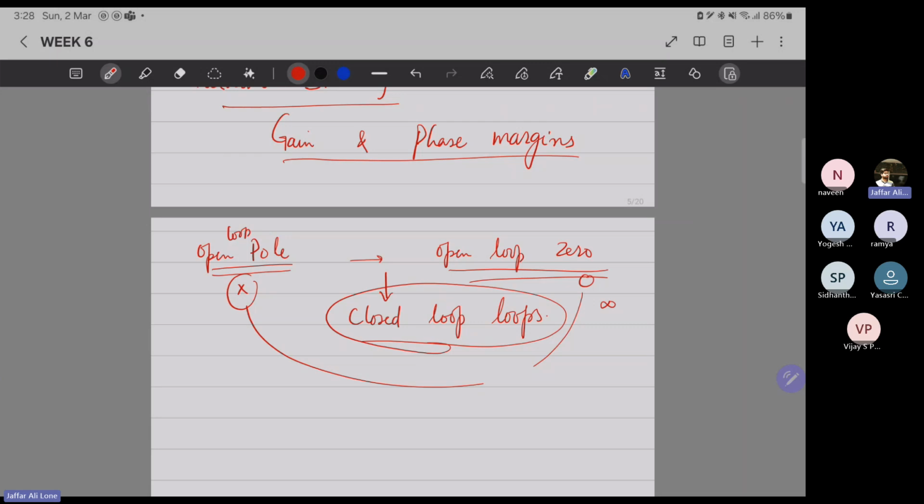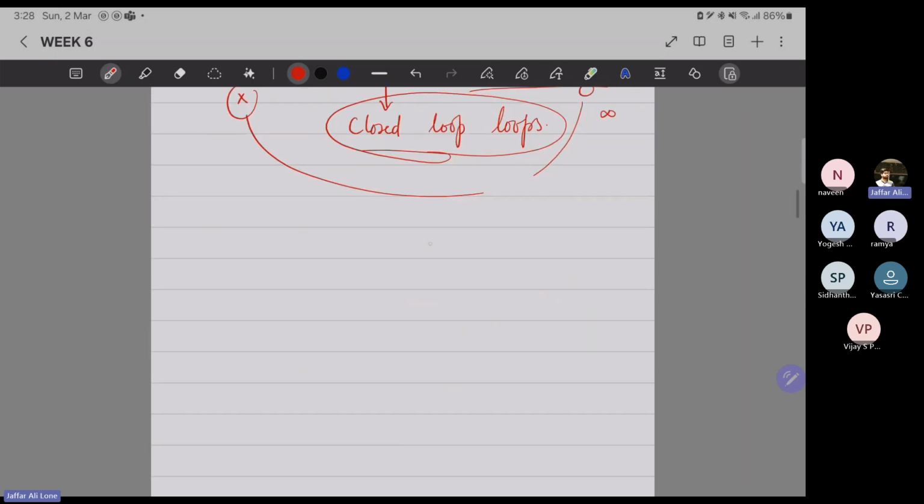For example, if I have a system whose poles are here, so it's a stable system, I'm changing the value of k. It reaches here, right? Then if I keep changing the value of k, my poles reach here.